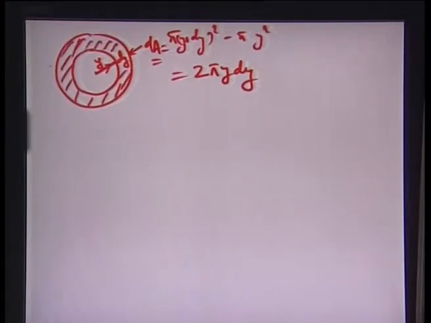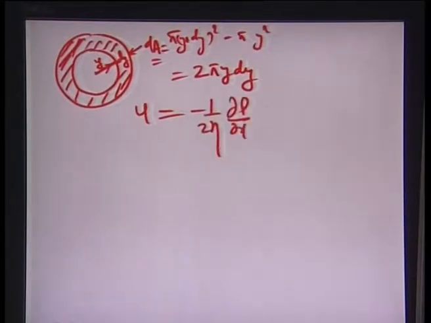And we already know that u as a function of y has been represented earlier as minus 1 by 2 eta dp by dx r square times of 1 minus y square by r square. R is the radius in this case, by the by, which is also equal to h.